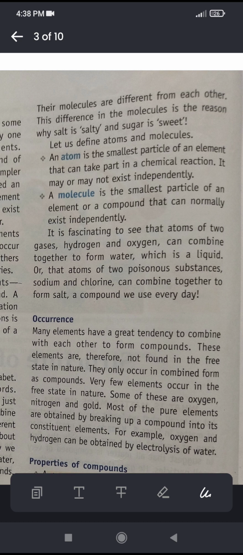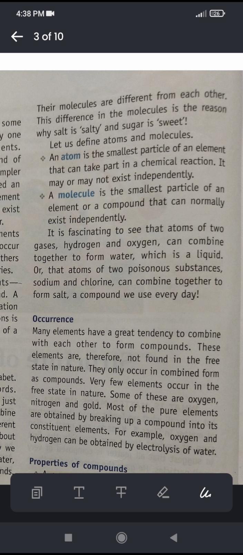This difference in the molecules is the reason why salt is salty and sugar is sweet.